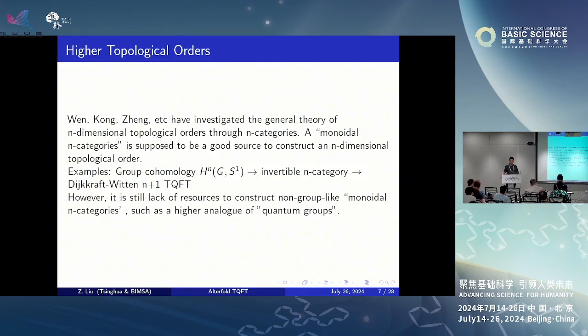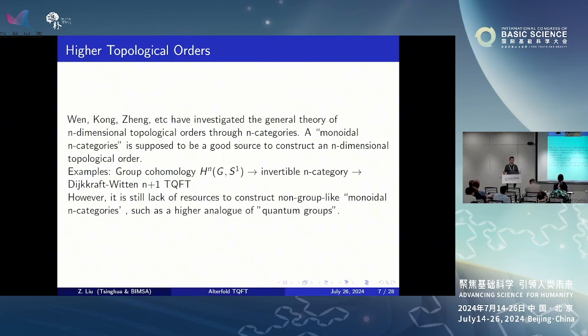There's a lack of sources to construct such non-group-like n-categories. There are obvious reasons. For groups, it's essentially a Hopf algebra. We can go beyond: we can get Lie groups, get deformations to get quantum groups, and we get many resources to get interesting 2-categories. But to get a higher category, we need a higher analog of the quantum groups.